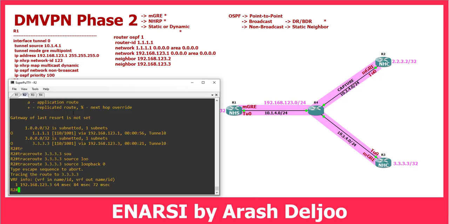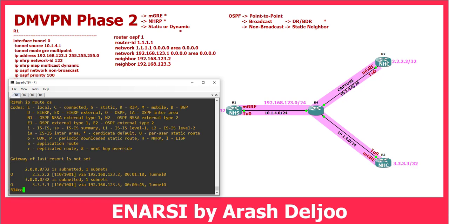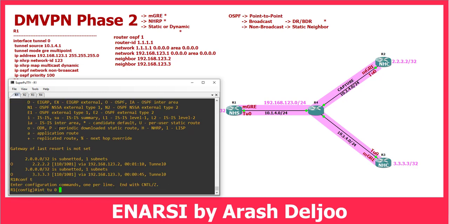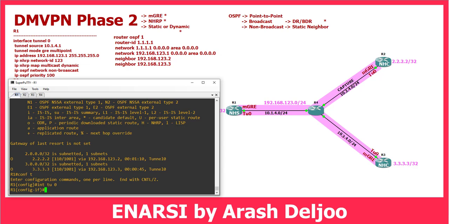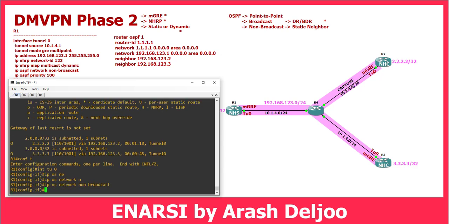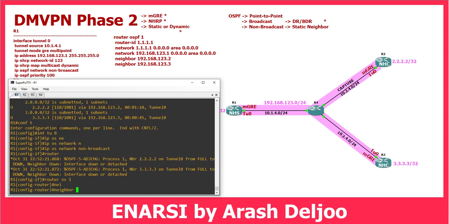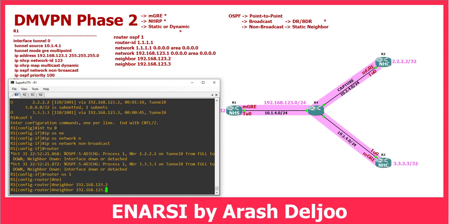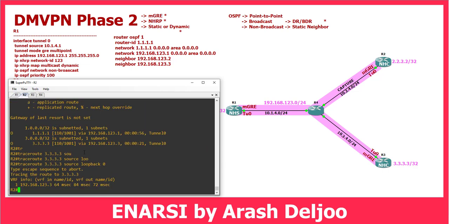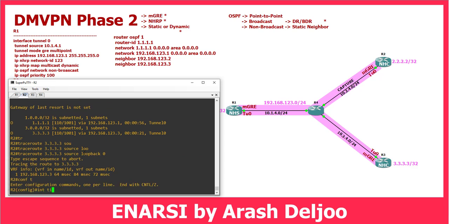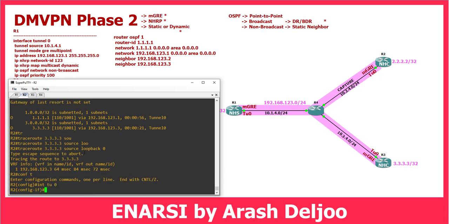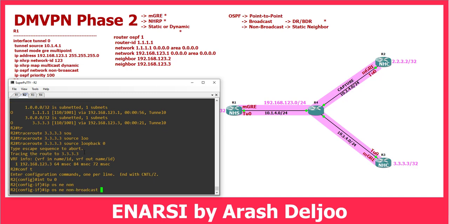In router 1, conf-t, interface tunnel 0, we can use the IP OSPF network non-broadcast. Then over router OSPF 1, here we should configure the neighbor statement 192.168.123.2 and also 3. In router 2, conf-t, interface tunnel 0, IP OSPF network non-broadcast.